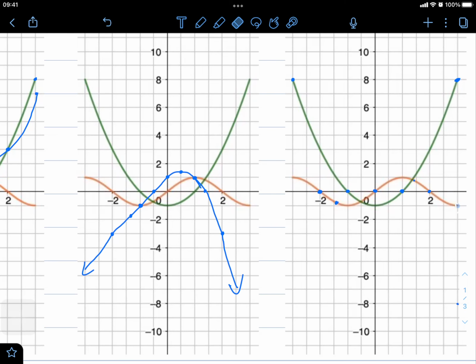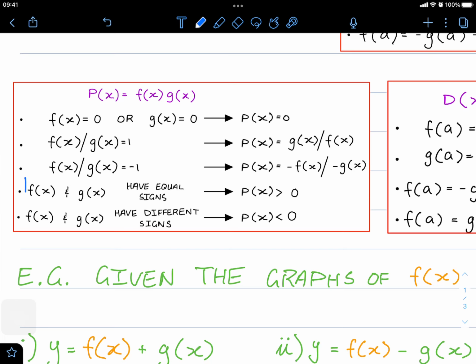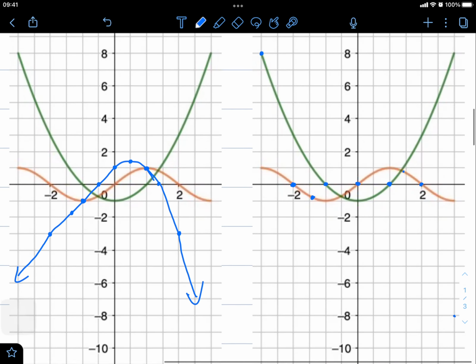Hopefully you can see the function already being drawn. So I can see it being something like this. Should go back up and go back down, something like that. We're not quite done yet, but hopefully you can see it being formed. Now, last one. When they have equal signs, they should be on the same side of the x-axis.